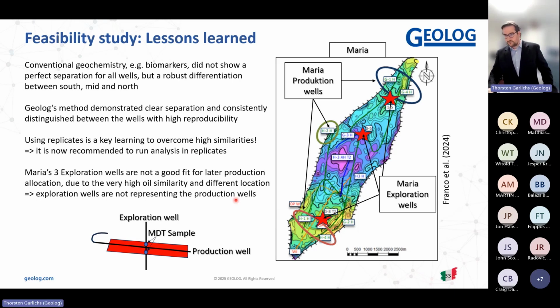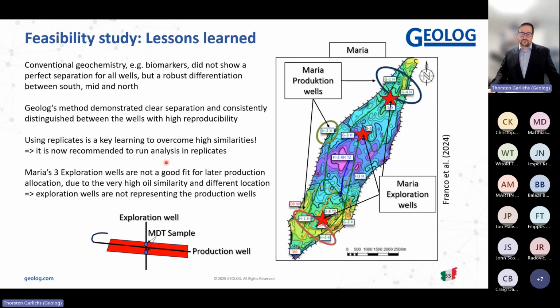So Geolog's method demonstrated a clear separation, consistently distinguished between the wells and with a high reproducibility. So you saw before also that we used replicates, and all the replicates are plotting in the same area. And this is also the main learning we had when we talk about high similarities, how we overcome the similarities.